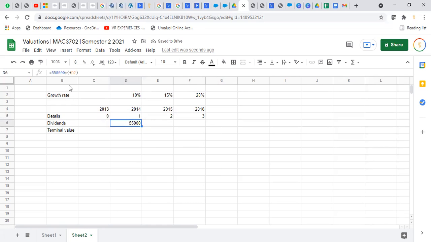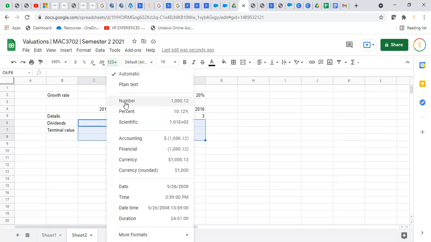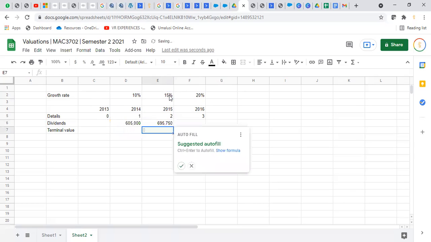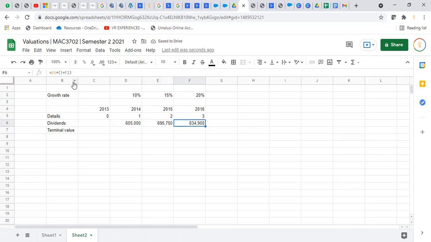So 1 plus the growth rate. Then in year 2, it's going to be not 550, but that multiplied by 1 plus the growth rate of 15%. And then I will just drag it across because it's going to do the same calculation. So the calculation is going to be the same, that plus the growth rate. So that is my explicit period, the cash flows of the explicit period.